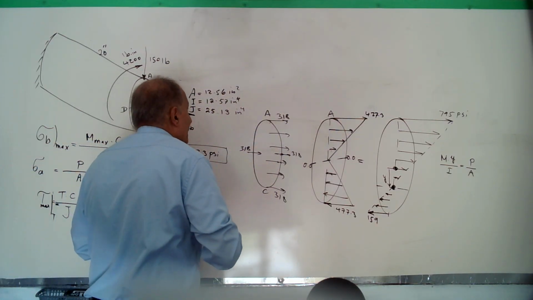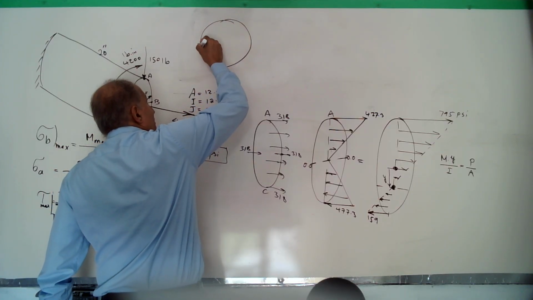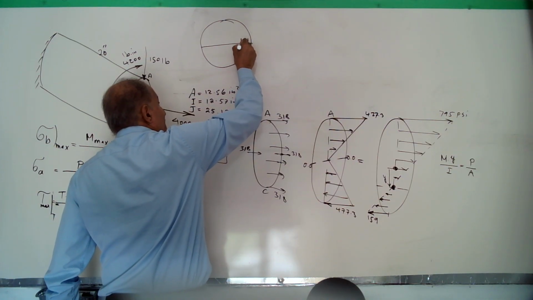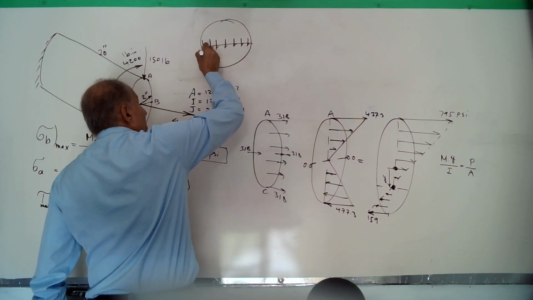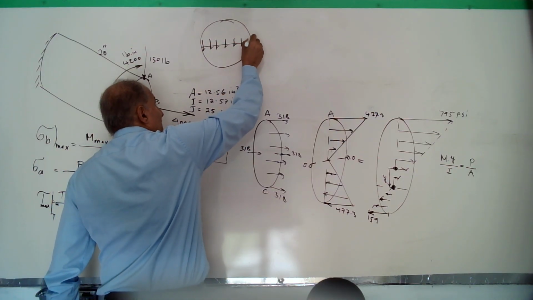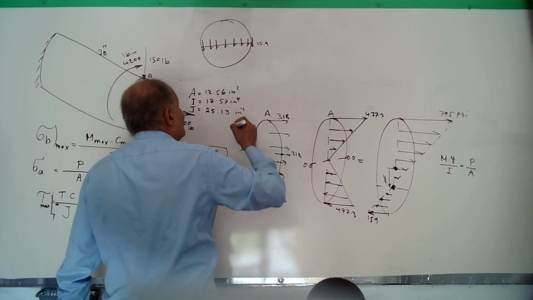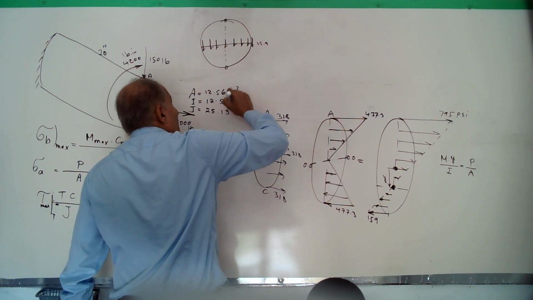15.9 happens at what? I draw the full cross sections because the shear stress is at cross sections. Here is 15.9, plus 0 at top and 0 at the bottom.